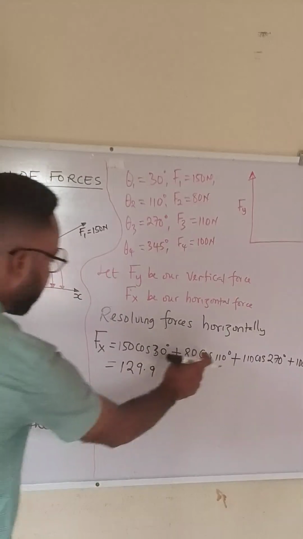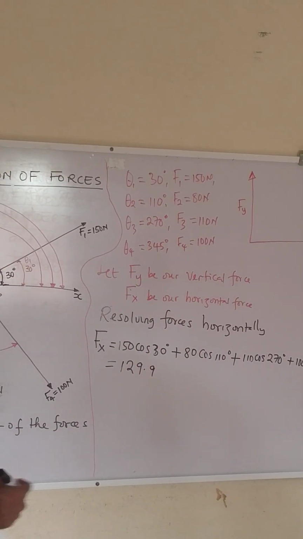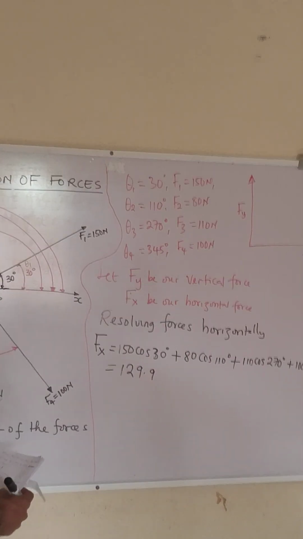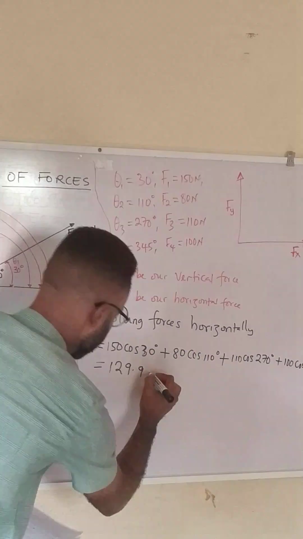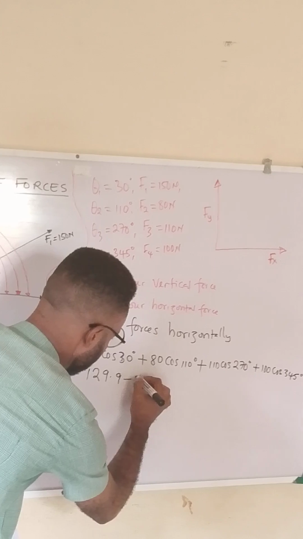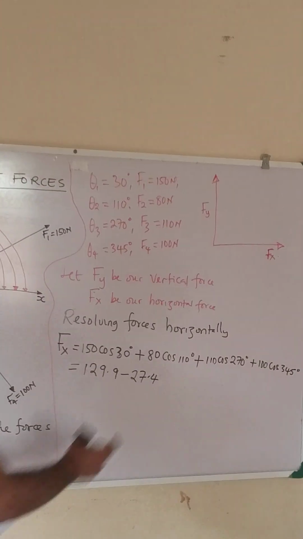And so the same thing, you find cos 110, which is going to give you minus 0.342. And so when you multiply it by 80, you're going to have minus 27.4.